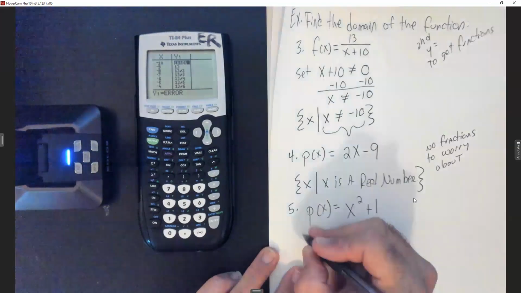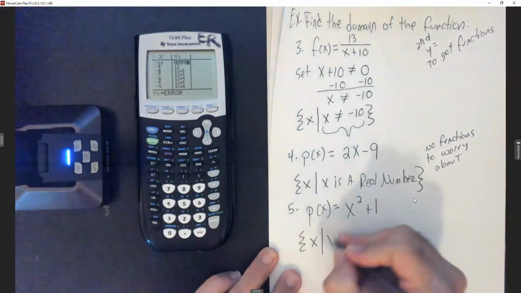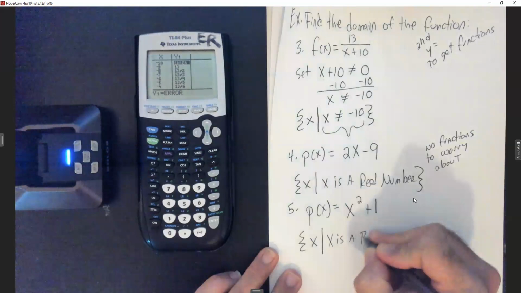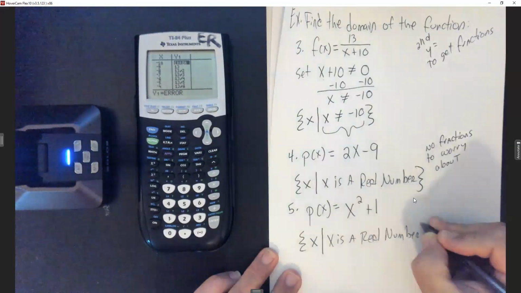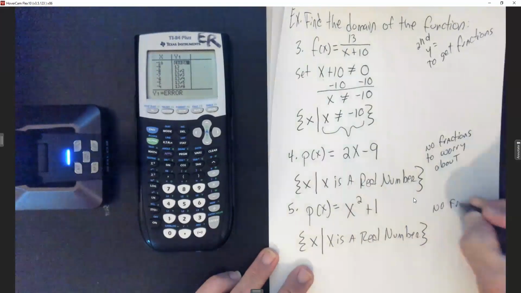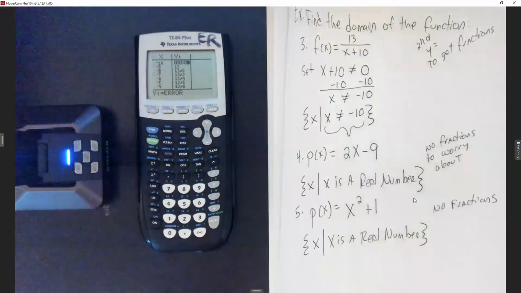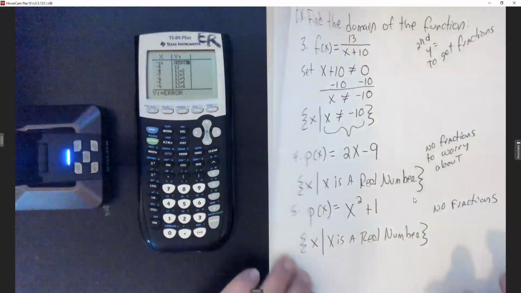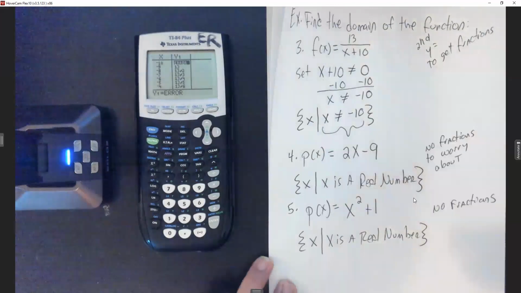So this will be x such that x is a real number. And once again, it was because there were no fractions to worry about. So y'all see the idea? If it's a fraction, I got to worry about that bottom equaling 0. But if I don't have a fraction, it's going to be all real numbers and I move on. Okay?